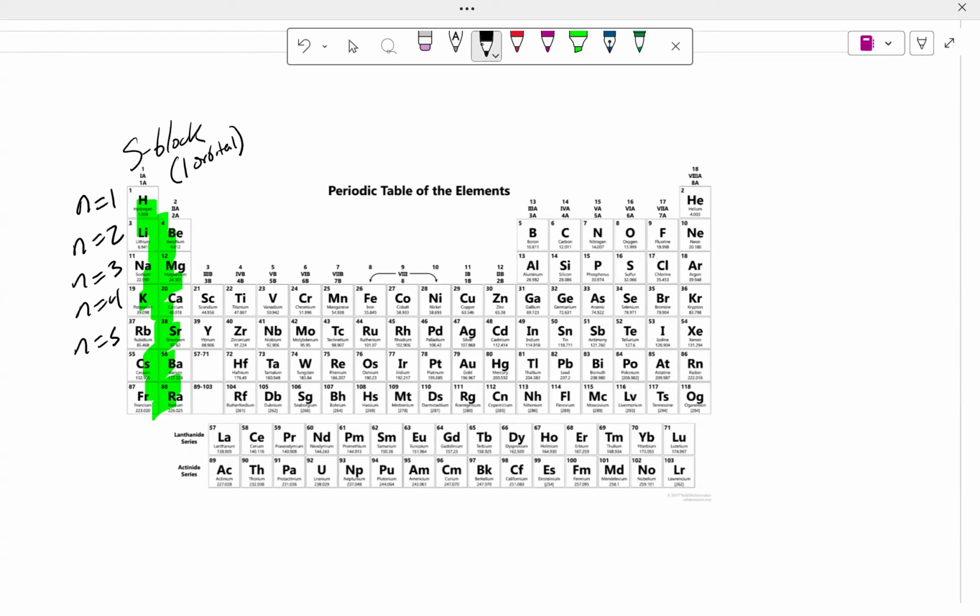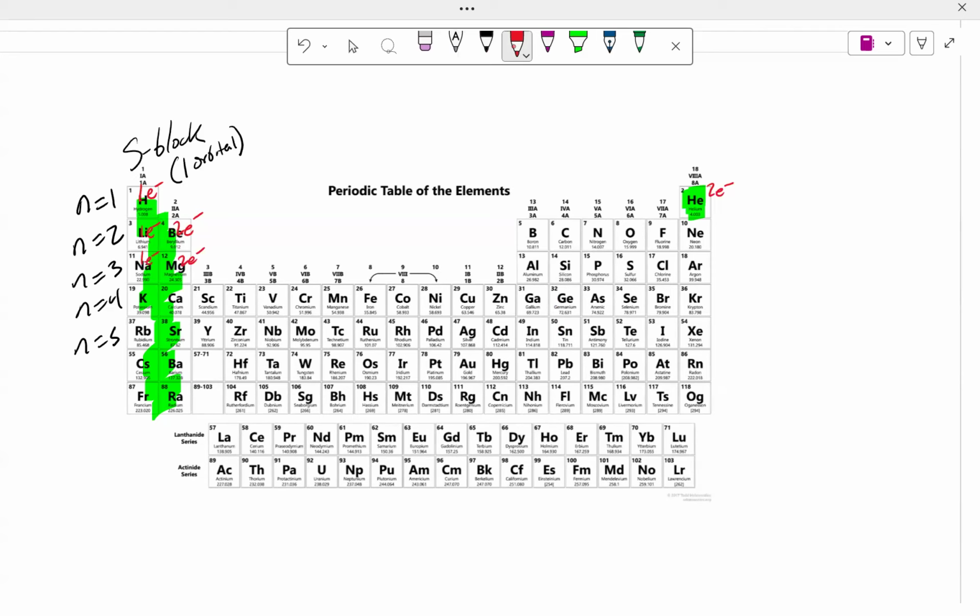How many electrons can I put in at most in an orbital? I can put 2 at most. So look at this here, including helium in this: 1 electron, 2 electrons. 1 electron, 2 electrons. 1 electron, 2 electrons.